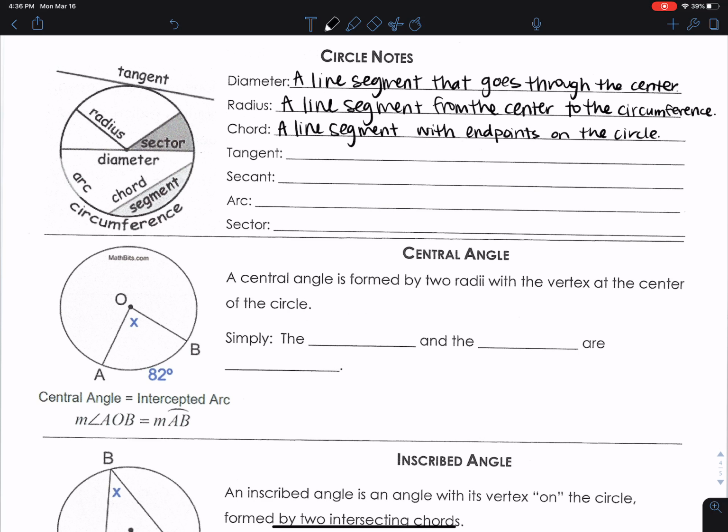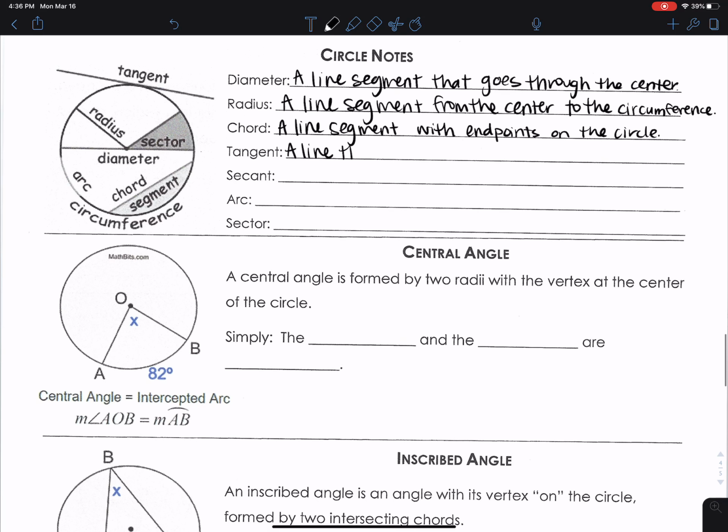The next one is a tangent. So this is a line. Notice that it says a line, not a line segment. A line goes on in both directions forever. So a tangent is a line that intersects the circle once.